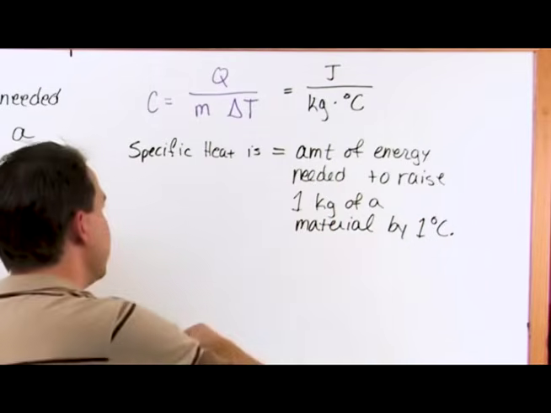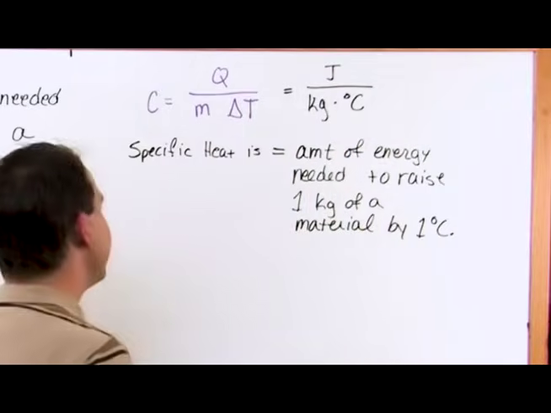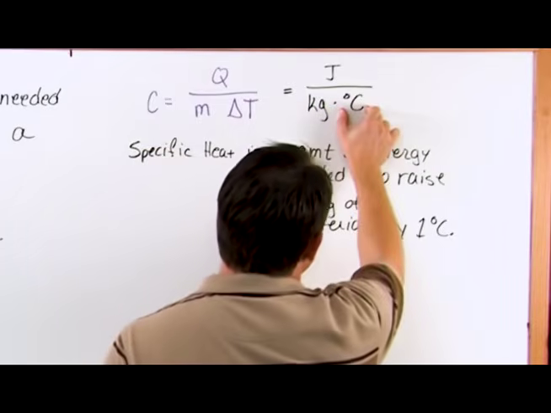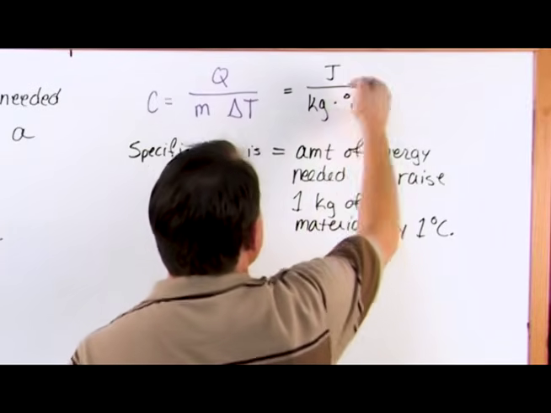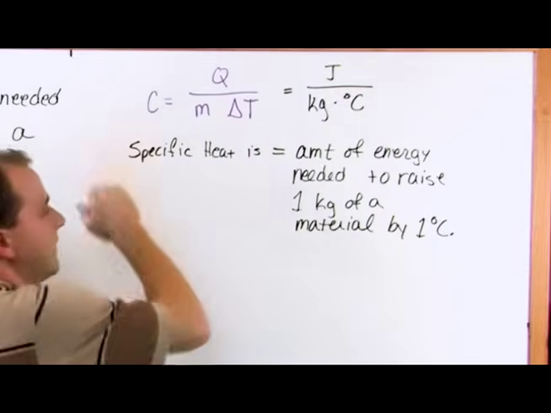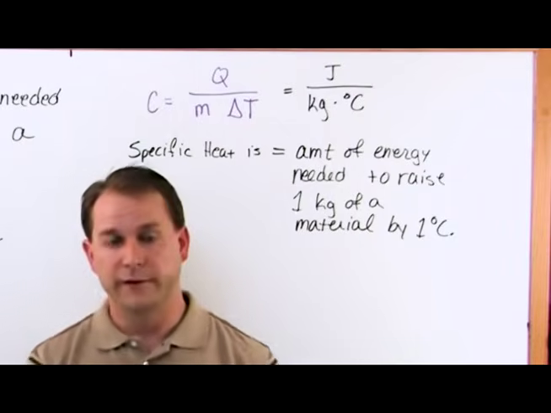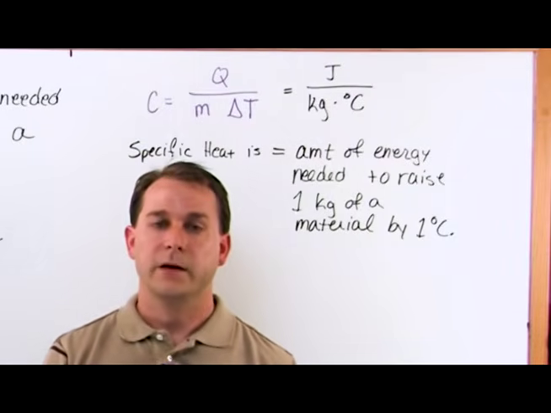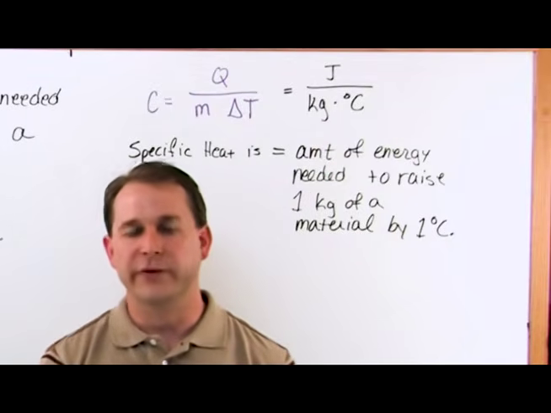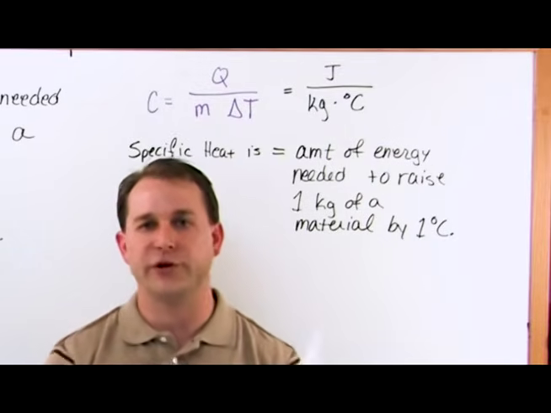And you can see that from the units. When you think of it in terms of joules per kilogram degrees Celsius, what it means is if I have 1 kilogram of a material and I'm trying to raise it 1 degree Celsius, this is 1 and this is 1, so what I've got on top is joules. It's the amount of joules required to do that. So when you look in that table of specific heats in your book, they're going to be in joules per kilogram degree Celsius. What you're really reading is how much energy in joules does it take to raise 1 kilogram of that material by 1 degree Celsius.